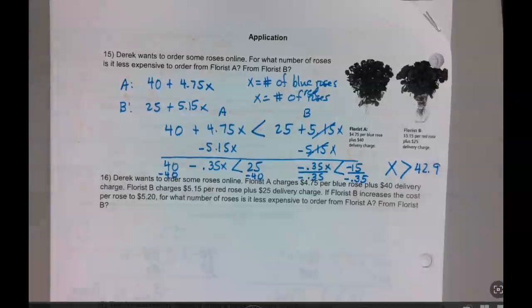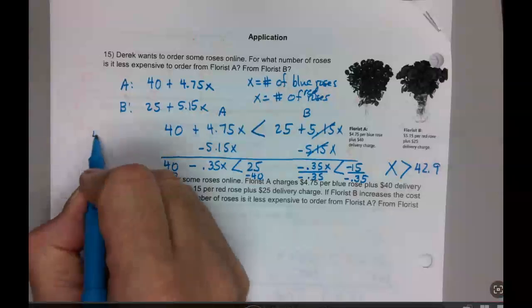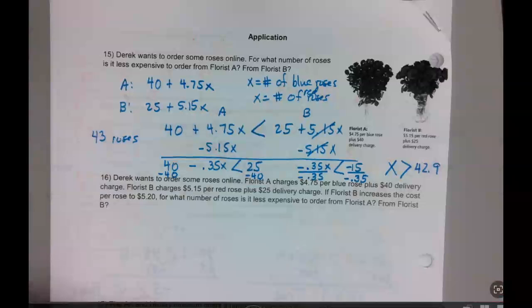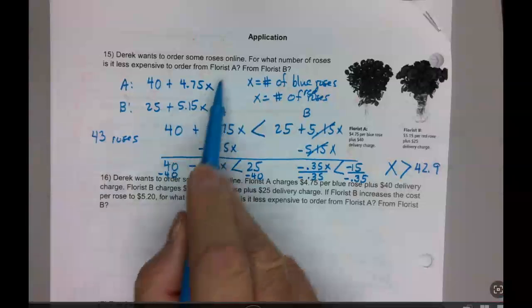So if you buy more than basically 43 roses, right? Correct? You can't buy 0.9 roses, agreed? So if you buy 43 roses, A will be less than.